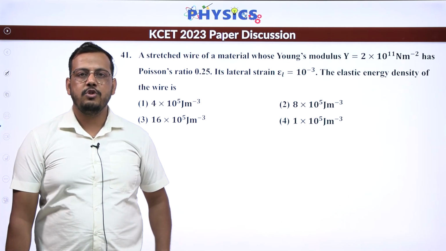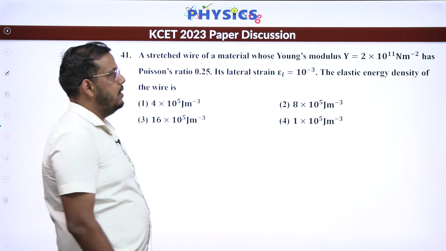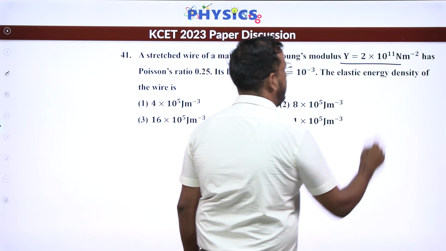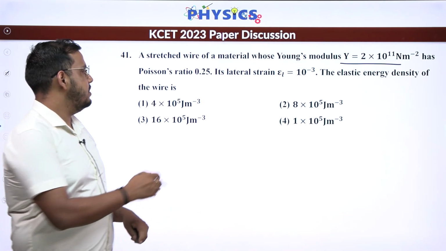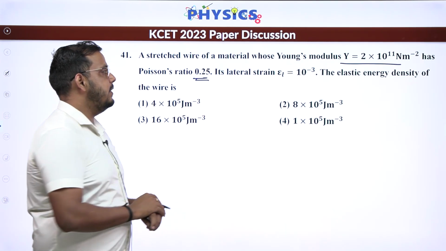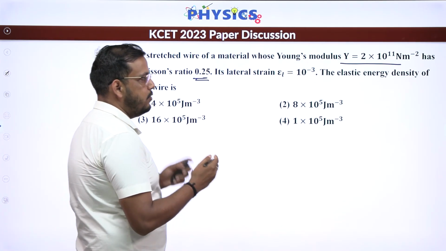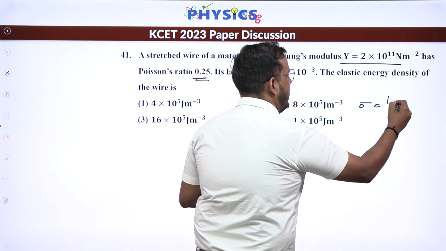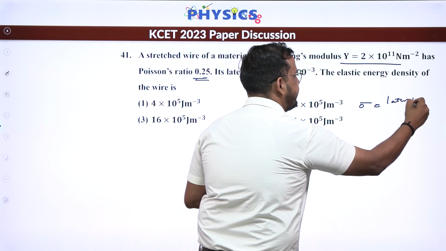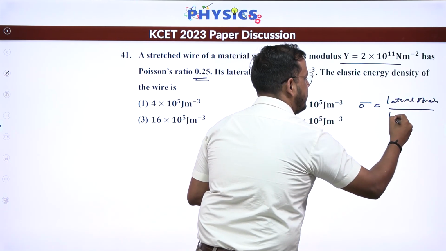So next question is question number 41. A stretched wire of a material whose Young's modulus Y is 2 into 10 raised to power 11 has Poisson ratio 0.25. Its lateral strain is 10 raised to power minus 3. First of all, we should know the formula of the Poisson ratio. Poisson ratio is defined as lateral strain by longitudinal strain.